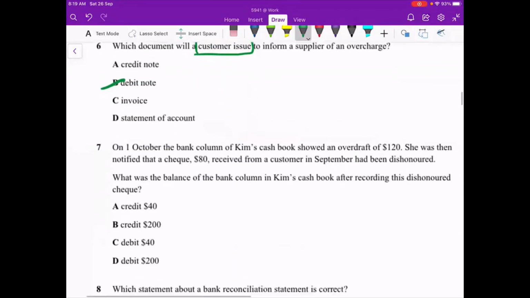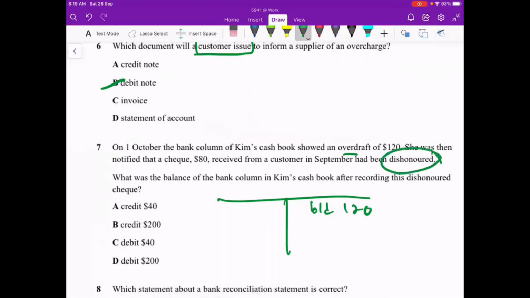Okay, question number 7. On the 1st October, the bank column of the Kim cash book shows an overdraft of 120. So I simply do this. Balance b/d will be on the credit side because they say overdraft. She was then notified a cheque of 80 received from a customer in September had been dishonoured. Dishonoured means you need to minus the bank, because when we received the cheque we already added 80.